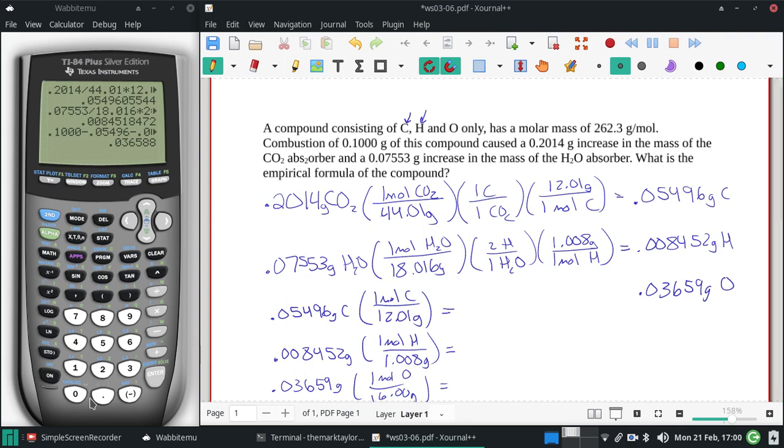So 0.05496 divided by 12.01 is 0.004576 moles.